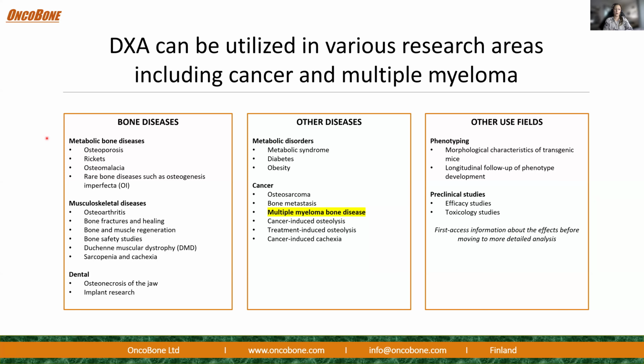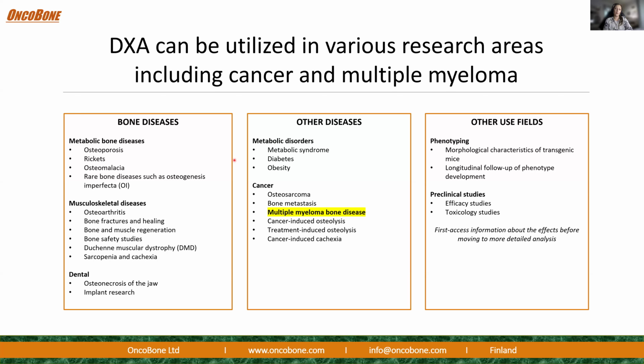But for example, rare bone diseases like osteogenesis imperfecta, which has really fragile bone, it is also a very delicate technique to study these kinds of conditions. You can use it to study, for example, bone fractures and fracture healing. There are a lot of implications in the dental field.